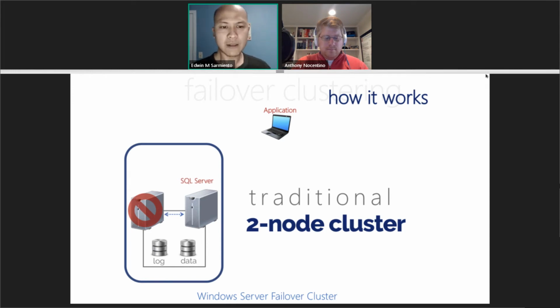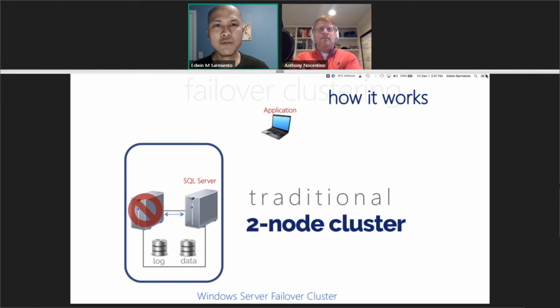Now, the wait process happens in between the time that the cluster has to decide which node in the failover cluster is capable enough to run this workload. Is it the node on the right, or if there are more than 2 nodes, maybe the other nodes? Once it's ready, the failover cluster will then move that workload off of the failed node, the one on the left, to the one on the right, and then start the service.